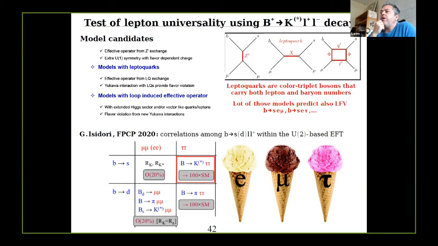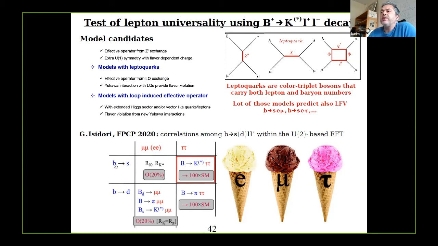An example of a leptoquark model is illustrated here, from a recent conference talk by Gino Isidori, interested in explaining those anomalies. And so while you explain the RK star and the D star tau nu, you can also predict what to expect from other modes.